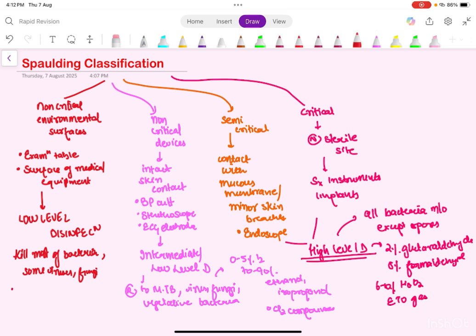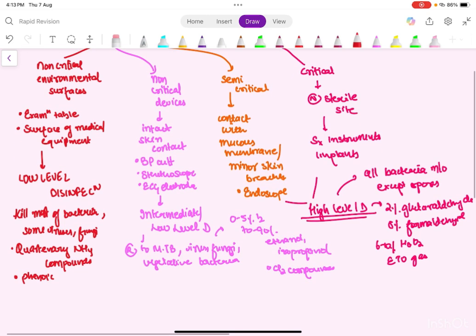In this basically what you use is quaternary ammonium compounds, phenolic, mercurial, and iodophor compounds.